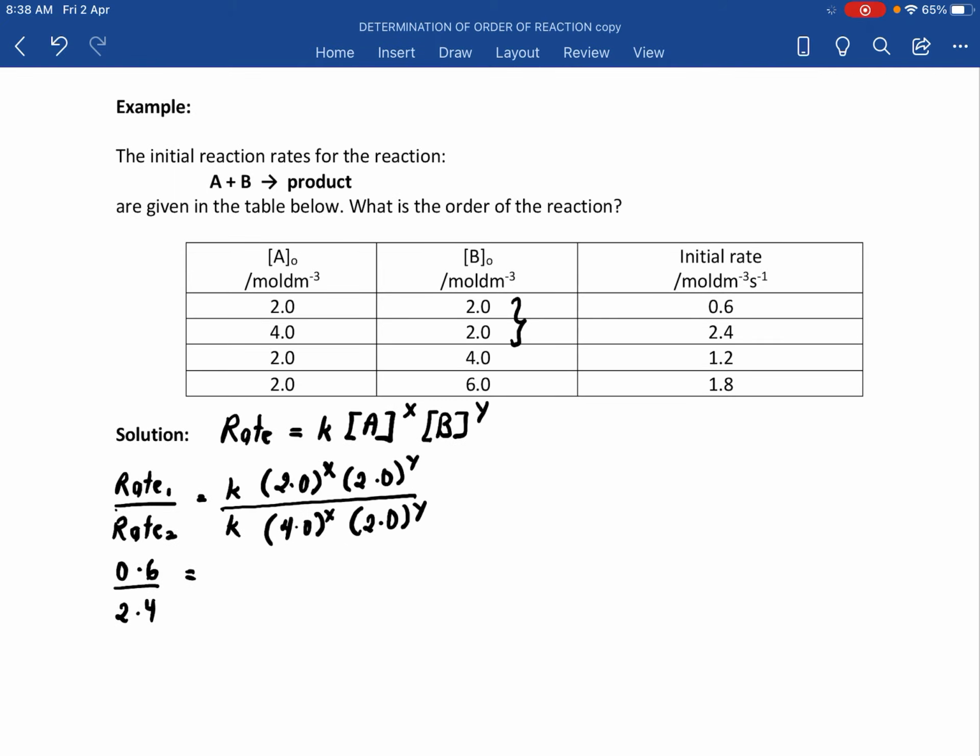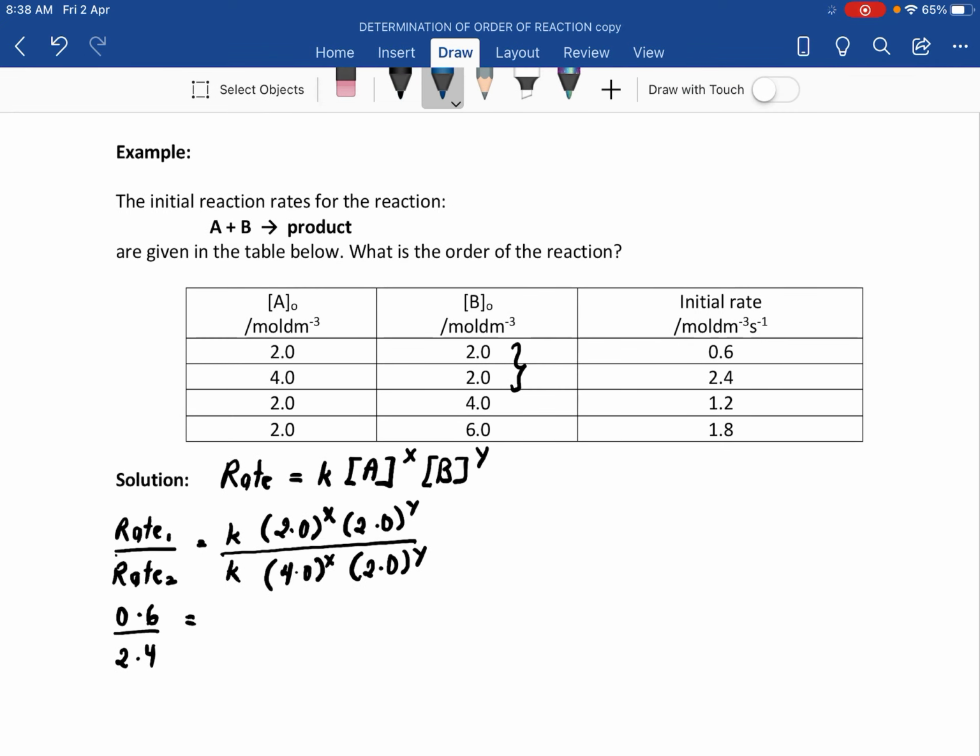Cancel anything that appears twice on both sides. So the top gives 2.0 to the power of x and the bottom 4.0 to the power of x. Calculating 0.6 divided by 2.4, we get 1 over 4.